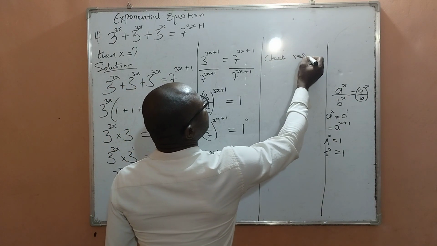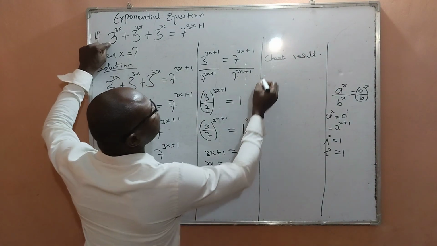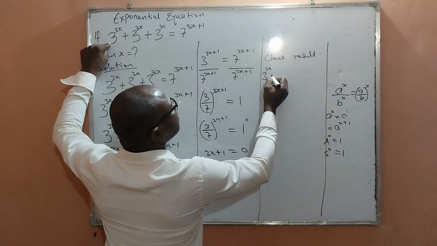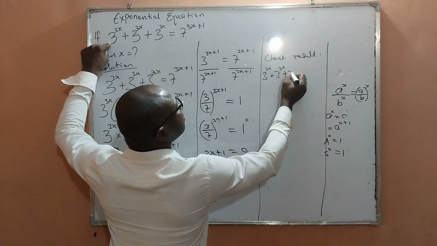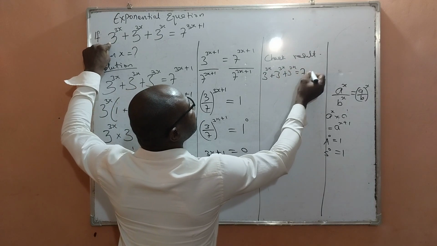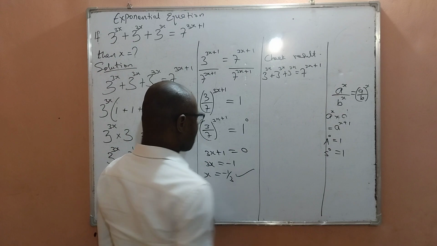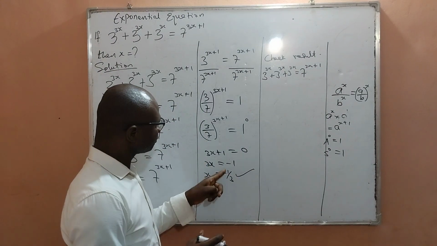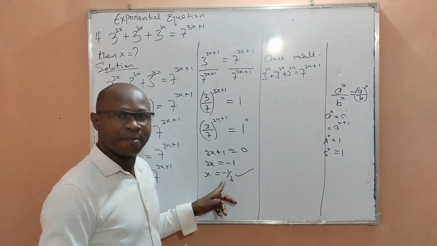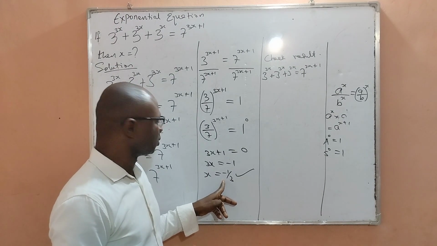Check result. I am given 3 raised to 3x plus 3 raised to 3x plus 3 raised to 3x equal to 7 raised to 3x plus 1. Anywhere there is x, I will substitute minus 1 over 3.